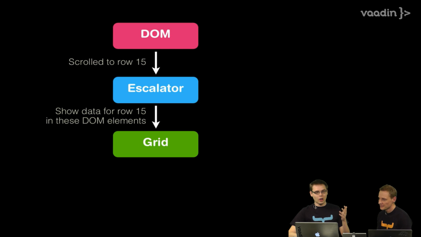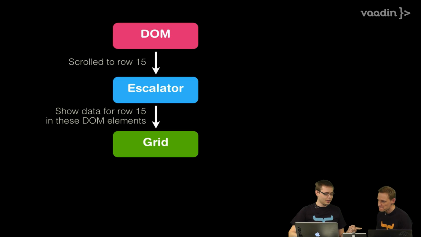When it requests the data, it says here are the DOM elements where this data should be added: in this element should be the first column from row 15, the second column, and so on. So Grid gets this list of elements.